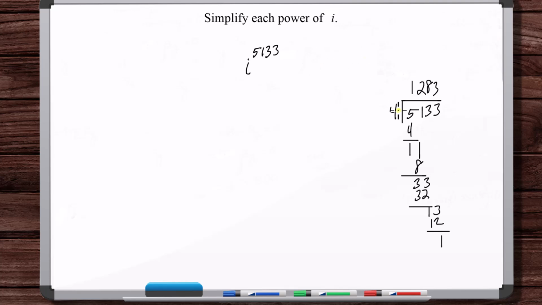So 1,283 times 4 is going to be 5,132. We can verify that: 32, 33. Yeah, you see? So we can write this with a remainder of 1. The rest is a multiple of 4, so this is going to be 1, leaving just i.